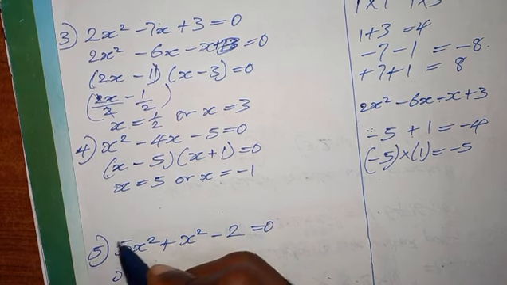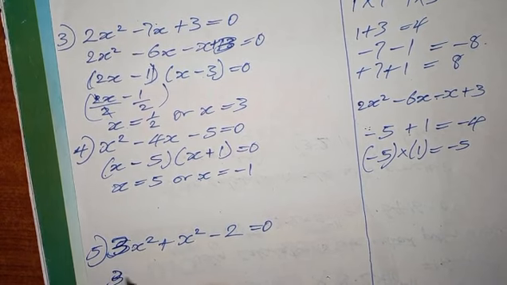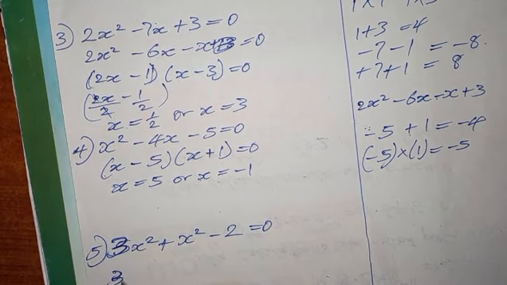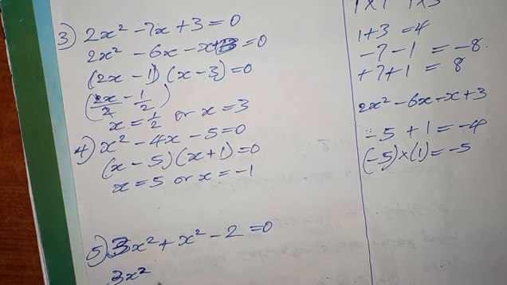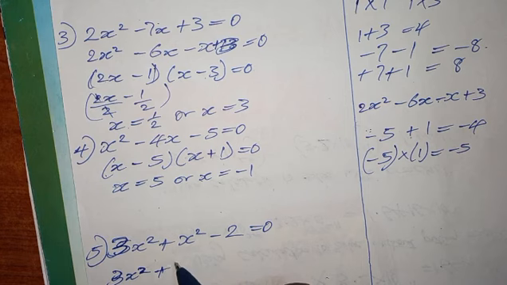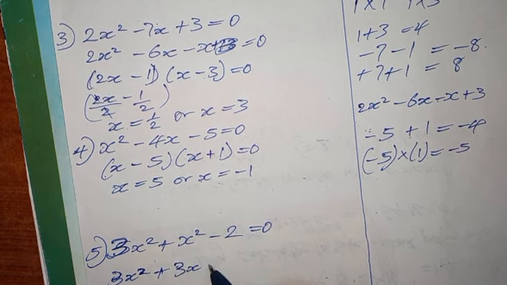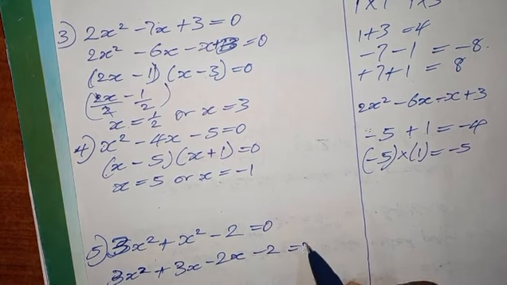See the same thing, but I like using these values. 3x squared. After splitting this middle value, I'll explain that again. 3x squared plus 3x minus 2x minus 2 is equal to 0.